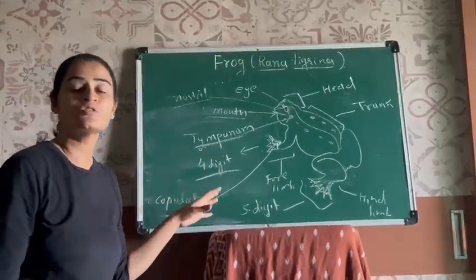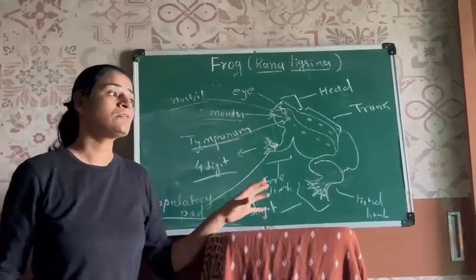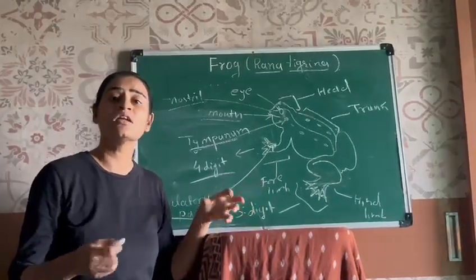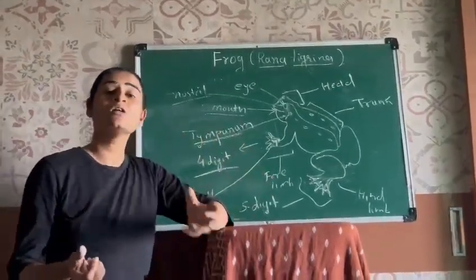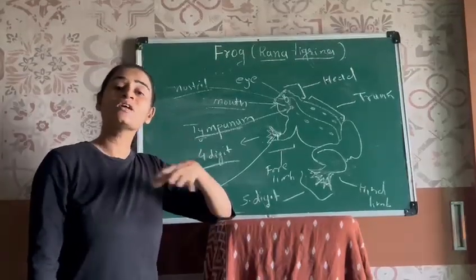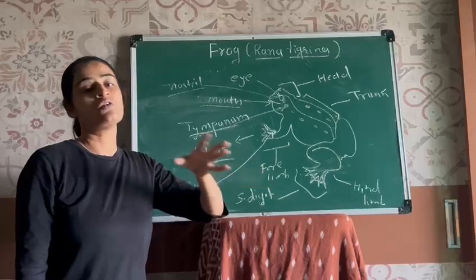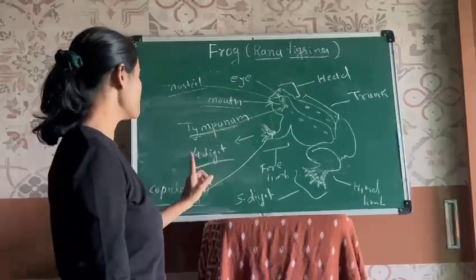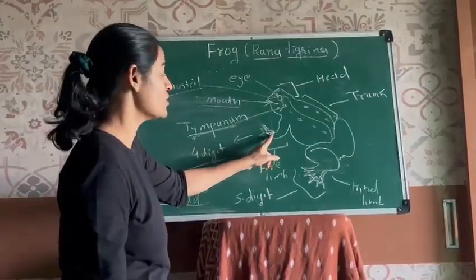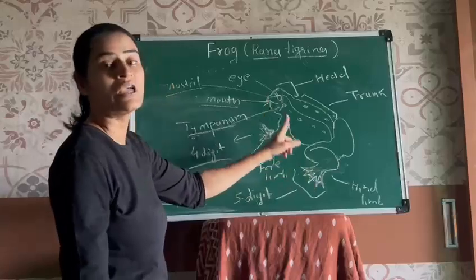Okay, what is sexual dimorphism? It is a structure or feature that is externally visible in the organism, from which we can identify whether the organism belongs to the male or female group. So if the copulatory pad is present, if I draw it here, this one is a male frog.